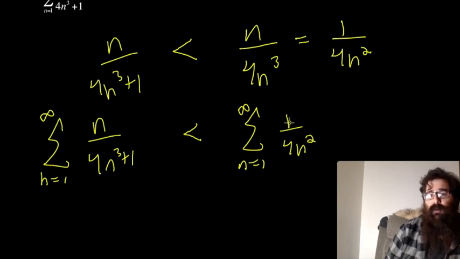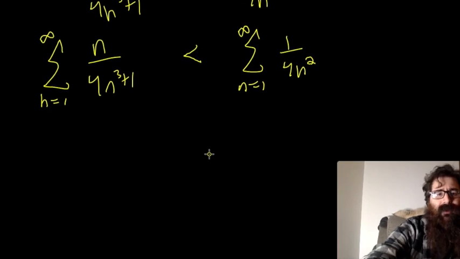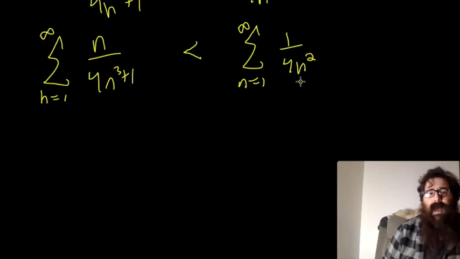If these things both head to infinity, then it's difficult to make a claim quite like this. But if I look at this other one here, well, this is nice. This is a p series.